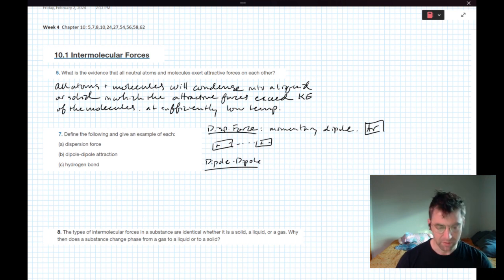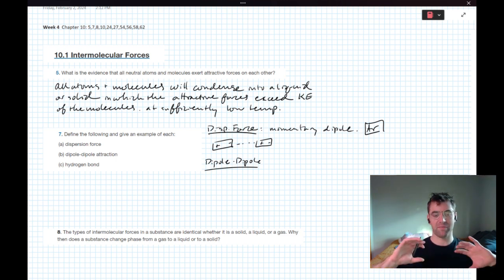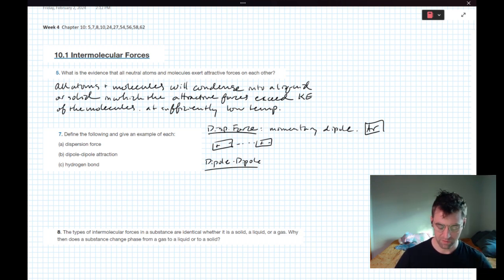So dipole-dipole. The textbook example is those north and south pole magnets lined up to each other, where this is an attractive force that results from the electrostatic attraction of the positive end of one polar molecule with the negative end of another polar molecule.